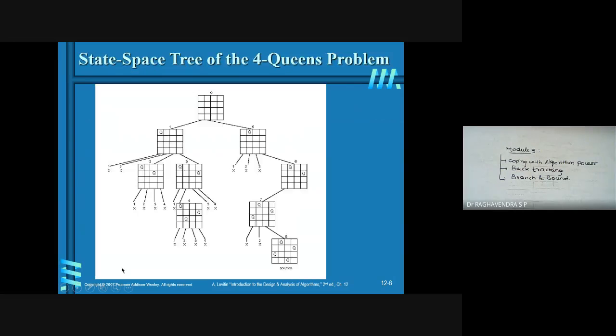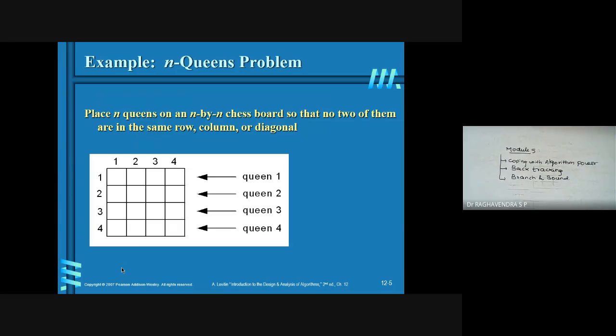So now how to solve this problem? This can be solved by using the state space tree. So let me explain this using the board also. Okay, so just see how this can be solved.